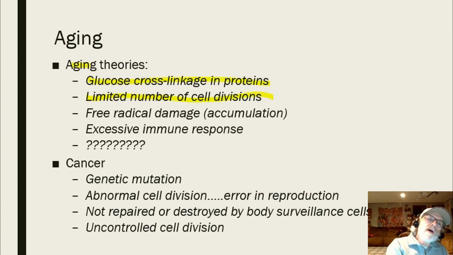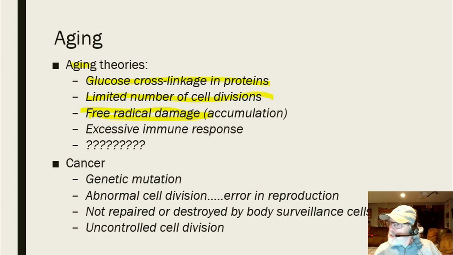We also find with aging, there's also free radical damage. What do we mean by free radical damage? We talked about this in one of our very early videos, probably the first. Environmental factors such as radiation, toxins in the environment, inhalants, all kinds of stuff like that will actually cause cellular damage. They cause free radicals to form inside the cell.